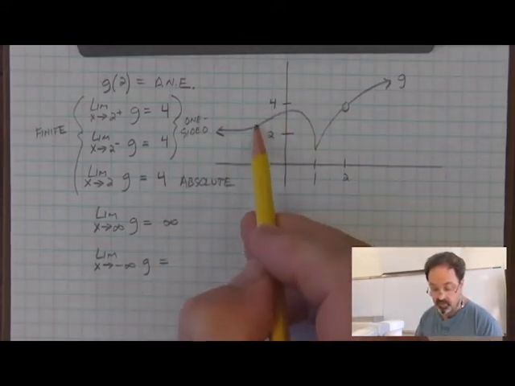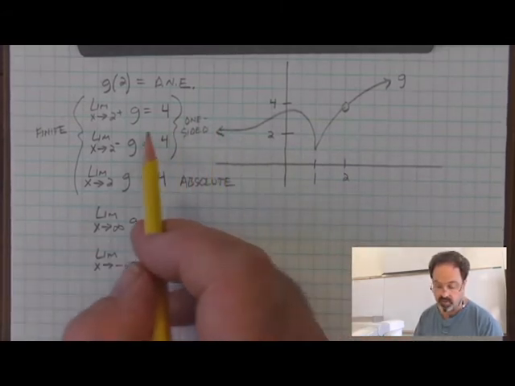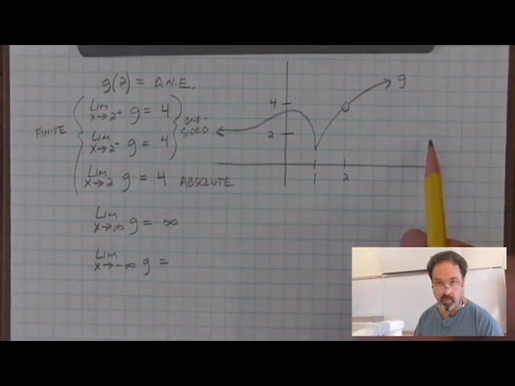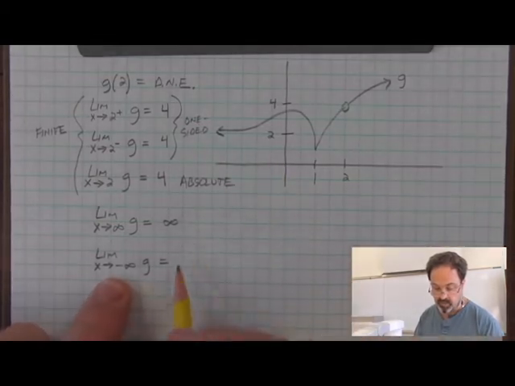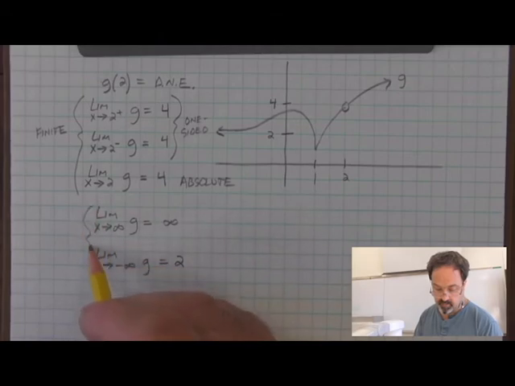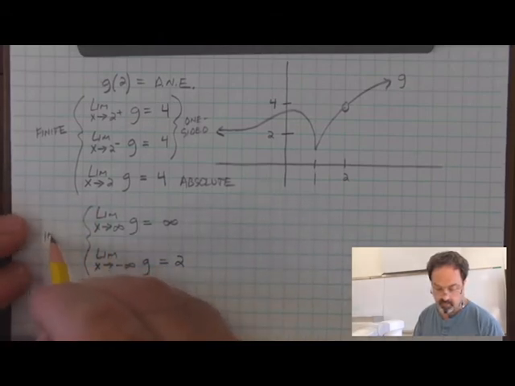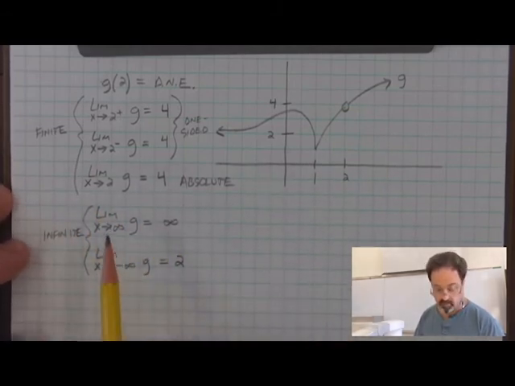It does continually go down, but it never crosses or reaches the value of 2, represented by the horizontal line at y equals 2, which suggests that the limit as x goes to negative infinity is approaching that asymptote, so its limit is 2. These limits are infinite limits because their approach statement involves infinity.